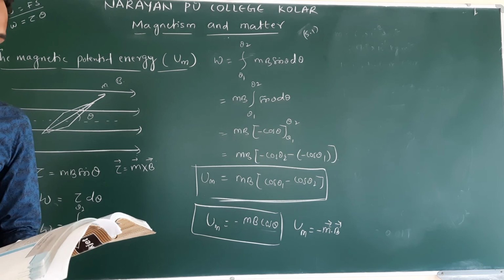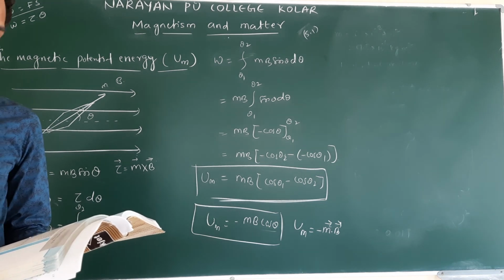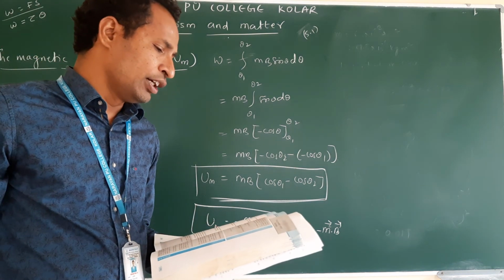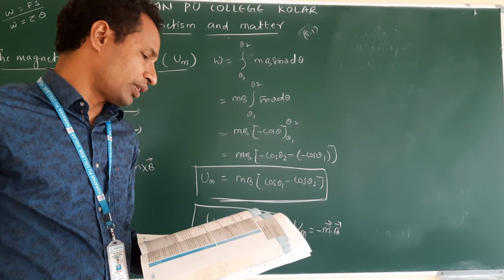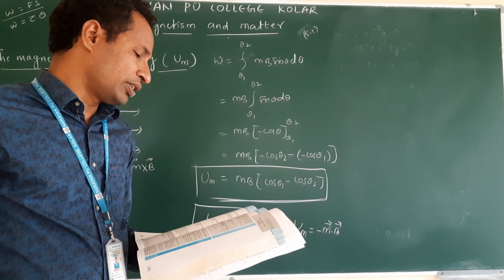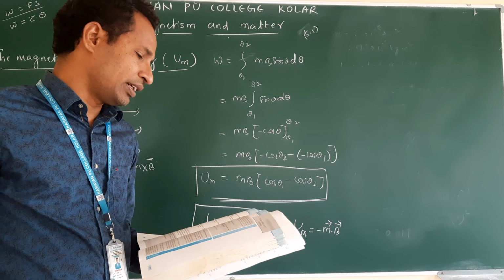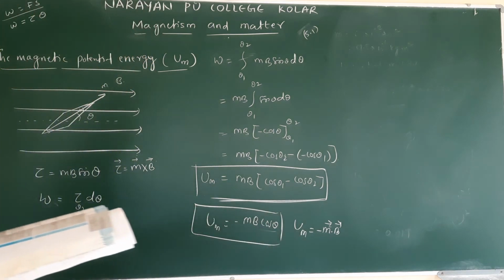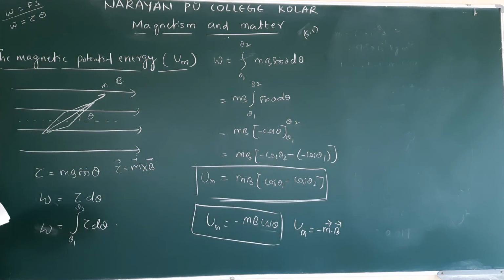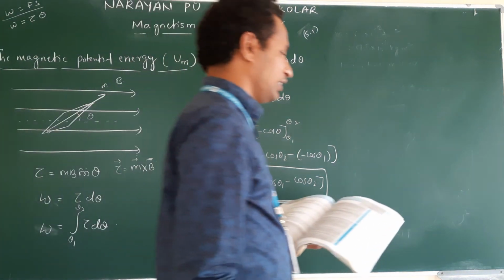Next, the bar magnet is replaced by a solenoid of cross-sectional area 2 into 10 power minus 4 meter square and 1000 turns, with the same magnetic moment. Determine the current flowing through the solenoid. So very interesting, there are 3 questions in this.